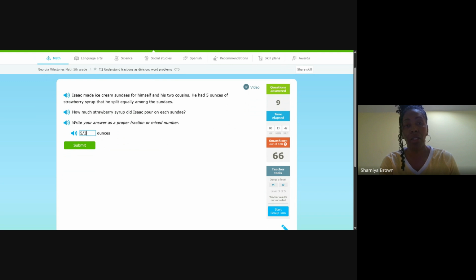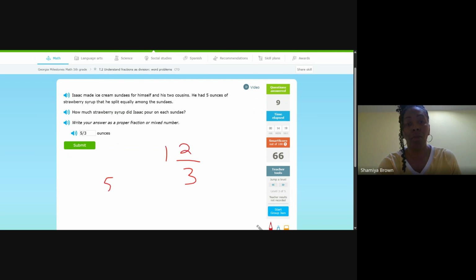So he's splitting it. So that's an improper fraction. So I need to turn that into a proper fraction or mixed number. So I need to divide 5 by 3. And if I do that, I'm going to get 1 whole group, and then 2 will be left over.